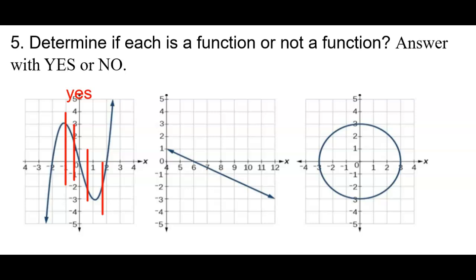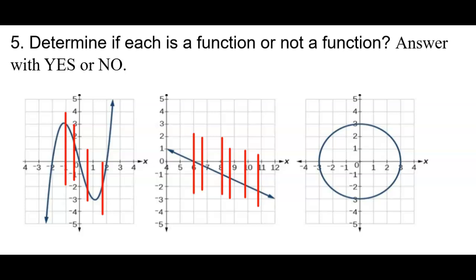What about that second one? Draw your vertical lines and tell me, do you go through it more than once? If you go through it more than once, your answer is going to be no. If your vertical lines only go through the blue line once, your answer will be yes. All right, that's what your vertical line should look like.